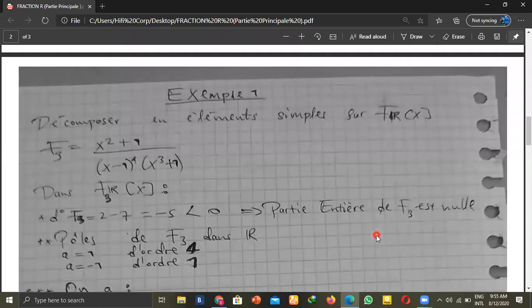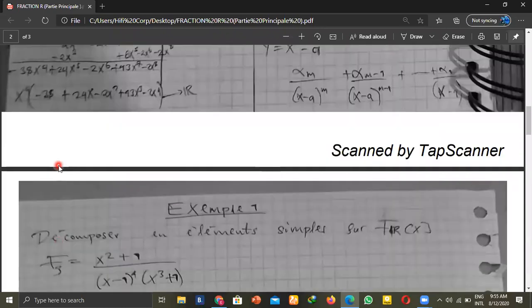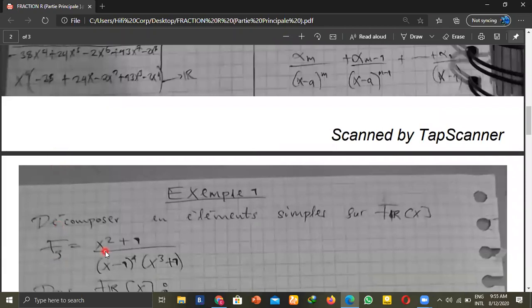Yes, it's okay. Okay. Décomposer en éléments simples sous fr de x. So we've got this polynomial f3. F3 is equals to x squared plus 1 over x minus 1 order 4 x3 plus 1. The down part is B, this our B. First of all, before we even do that, can we decompose directement here?